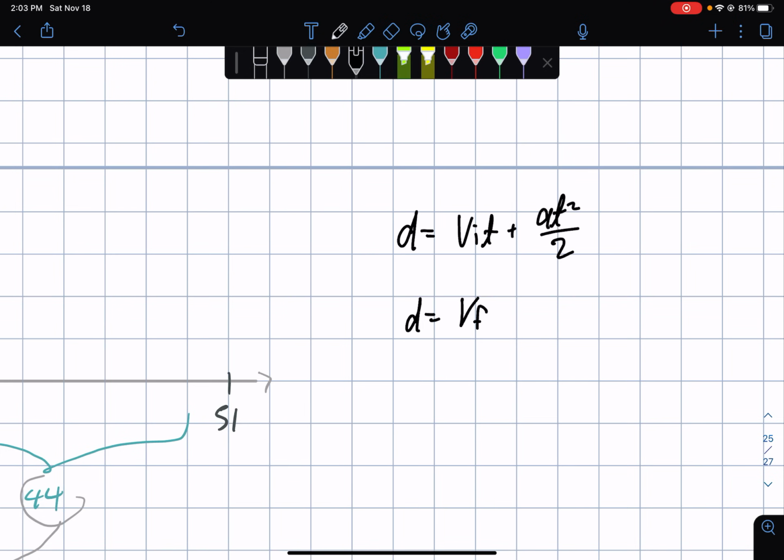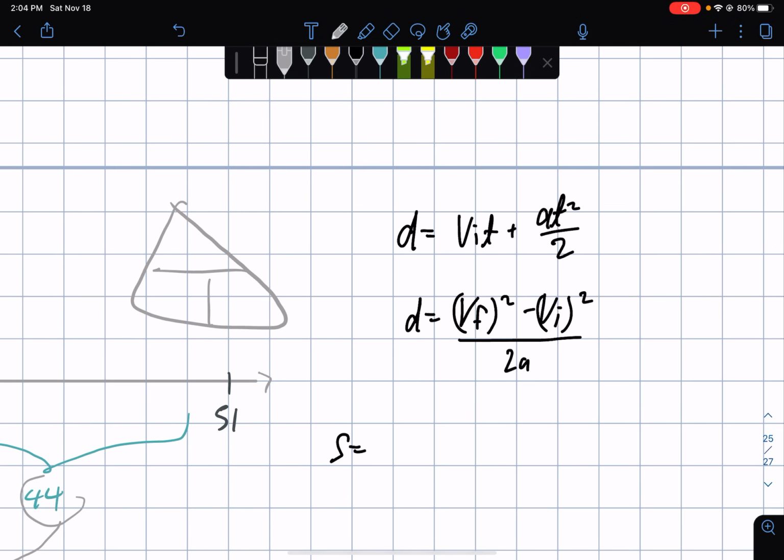There's another d formula. This is vf raised to 2 minus vi raised to 2 over 2a. A is the acceleration, t is the time, vi is the initial velocity, and vf is the final velocity. And I believe this is displacement. I hope I'm not wrong. But yeah, we have speed.